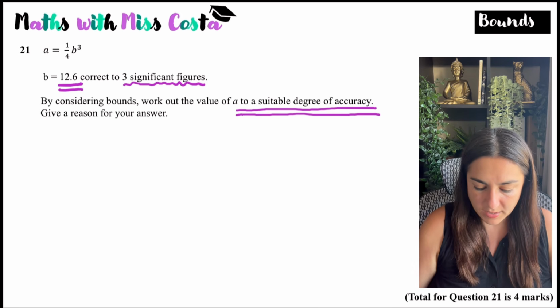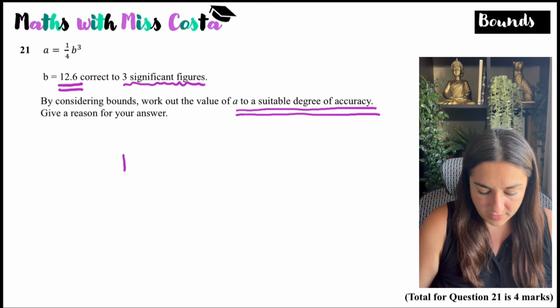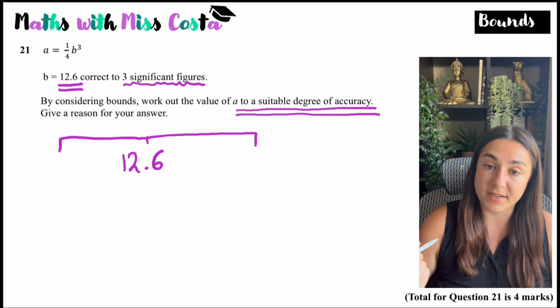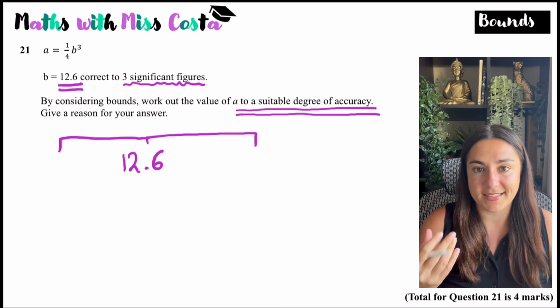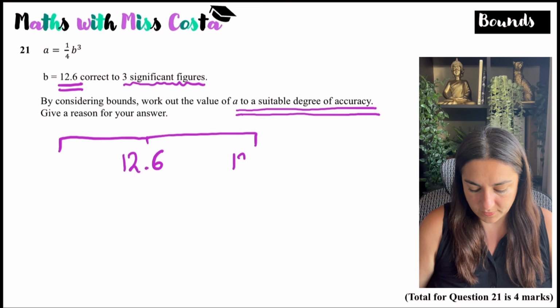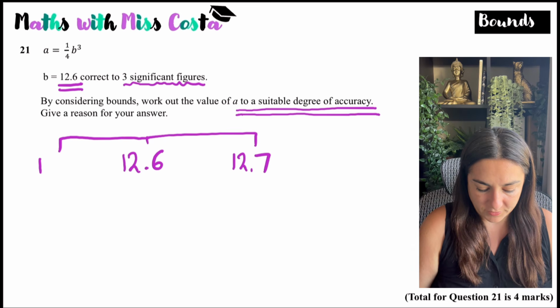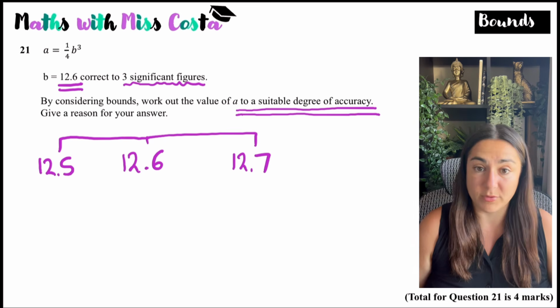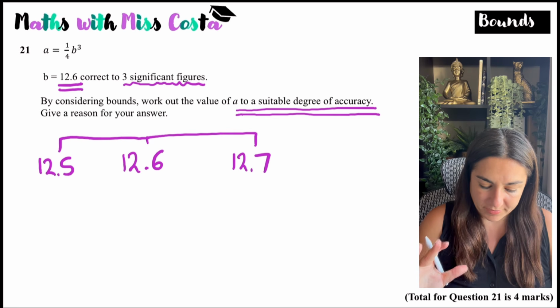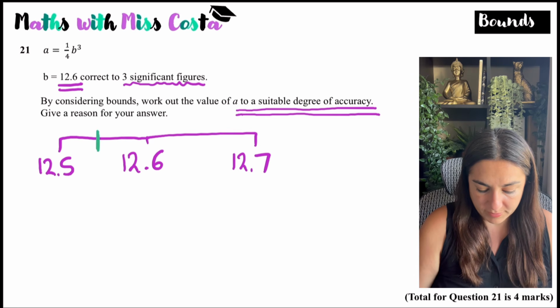So first of all, I'm going to work out what the upper and the lower bounds of B are. So it's 3 significant figures, and in this case the third figure is the first decimal place, which means it's to 1 decimal place. So 3 significant figures, it could be 12.5 or 12.7 if it rounded up or down. So to work out the bounds, the lower bound would be halfway between this.